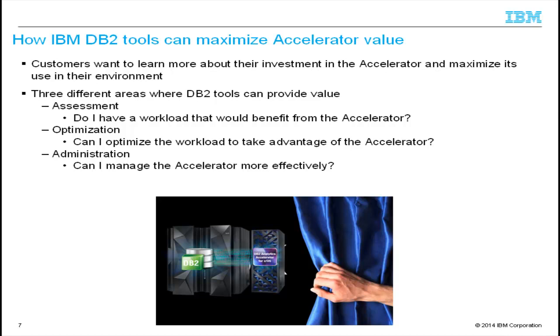First, in assessment: how can I see or demonstrate additional benefits from the accelerator? Or in optimization: how can I optimize the workload fully to take advantage of the accelerator? And administration, for example: how can I identify tables that are mirrored into the accelerator? These are just some of the things that our IBM tools will address.